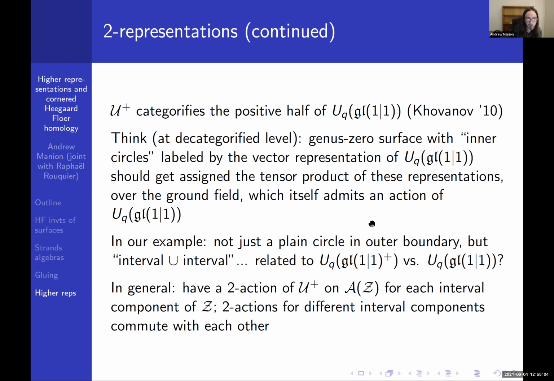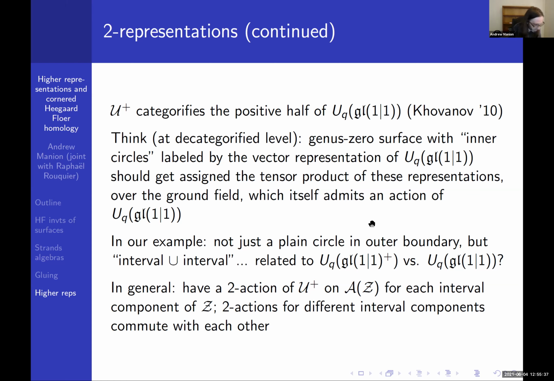But in general, the sort of thing that we get by doing this construction is that if I have an arc diagram Z, then for every interval component of Z, not circle components, we don't know about actions from those yet, but for every interval component, I get some 2-action of this U plus guy on my A of Z, such that all of the 2-actions for different interval components of my arc diagram commute with each other in the appropriate higher sense, with commutation data, stuff like that.